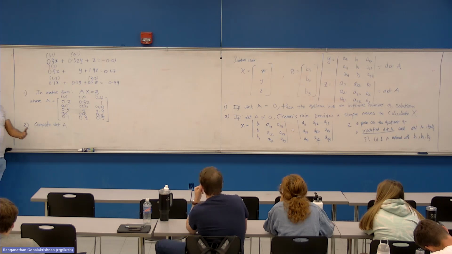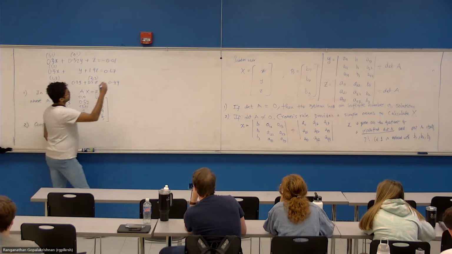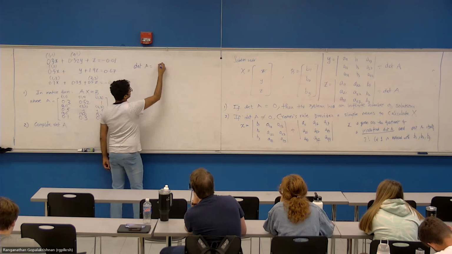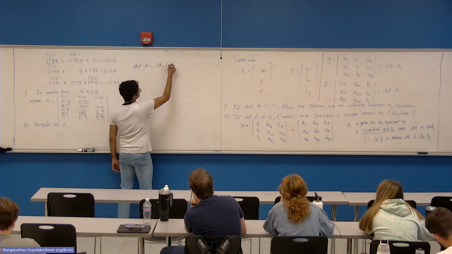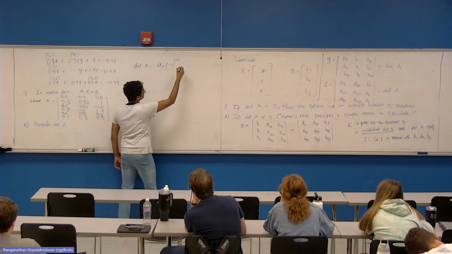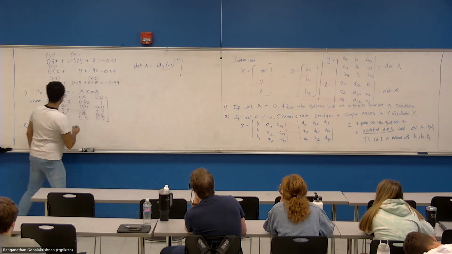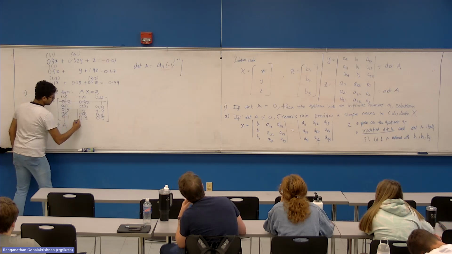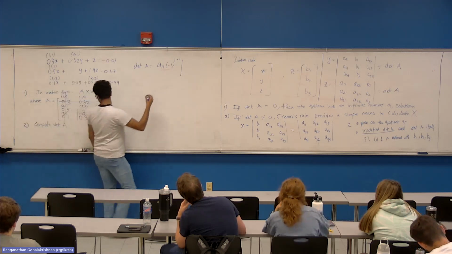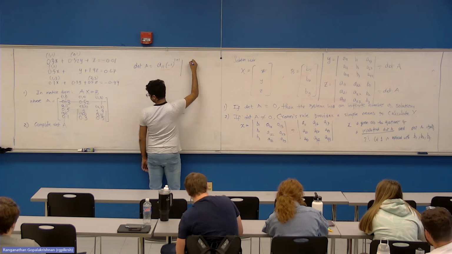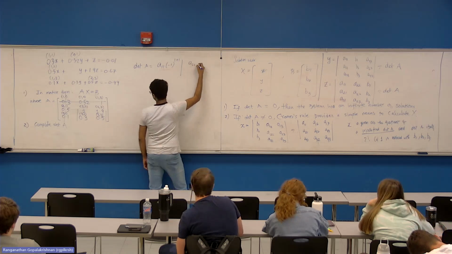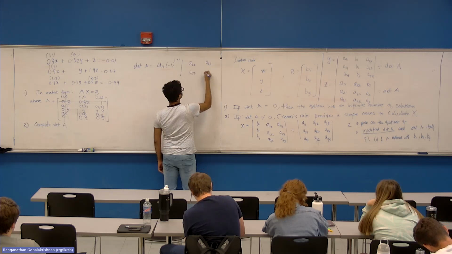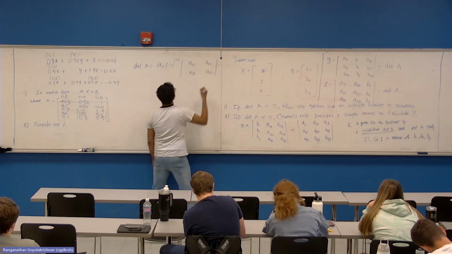For those who need a refresher, determinant of A is equal to A11 times minus 1 to the power 1 plus 1 multiplied by, if you are taking A11, strike out that row, strike out that column, the determinant of the remaining matrix: A22, A23, A32, A33.